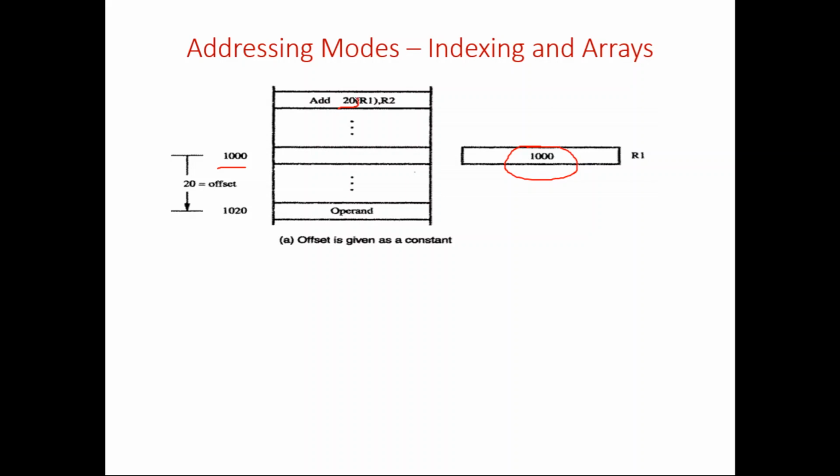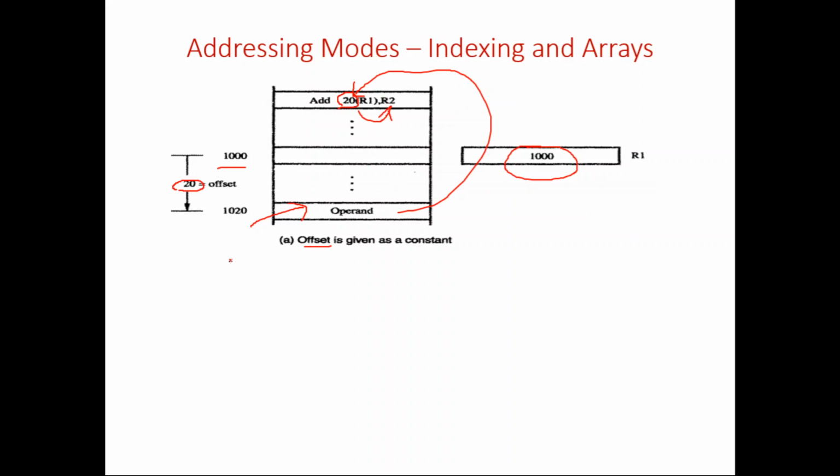This 20, this constant, we also call it an offset. So here the offset is given as the constant. Whatever you give directly is called a constant. It will add 1000 with 20, that is 1020. So the operand will be fetched from this location. The value at this location will be added with R2, and the result will be stored in R2.